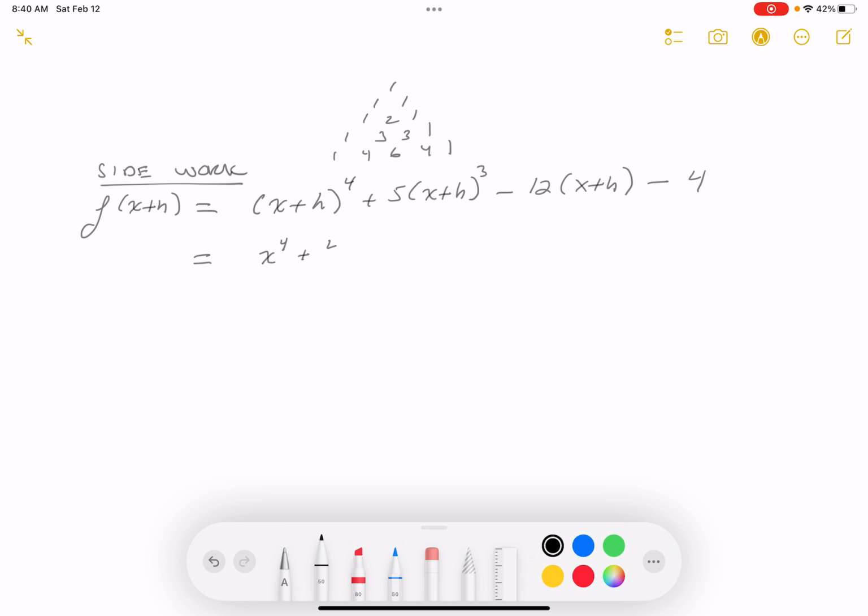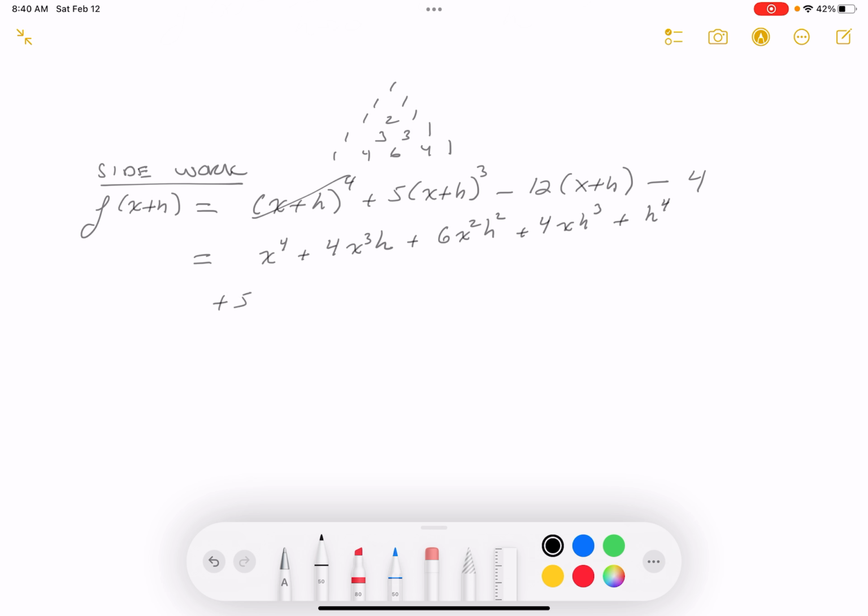So it's going to be 4x cubed h plus 6x squared h squared plus 4xh cubed plus h^4. That's done. Let's do the next one.